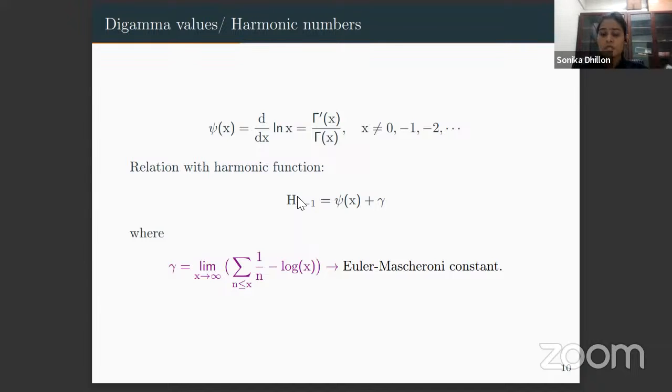So instead of studying them separately, most people have studied them together, like psi of x plus gamma, and in that case these are termed harmonic numbers. In our later section, we'll study them in terms of harmonic numbers instead of the digamma function.